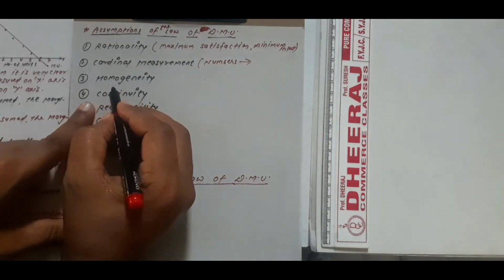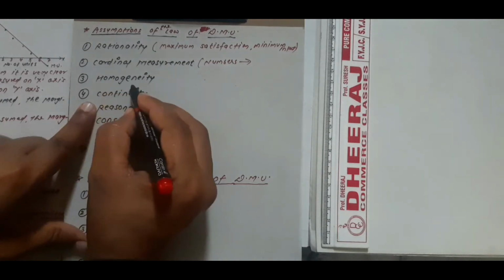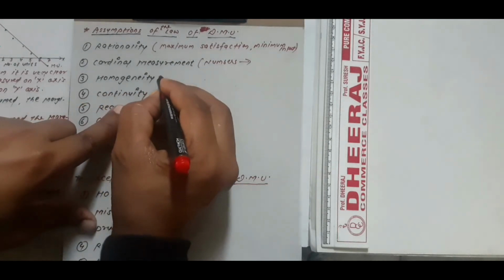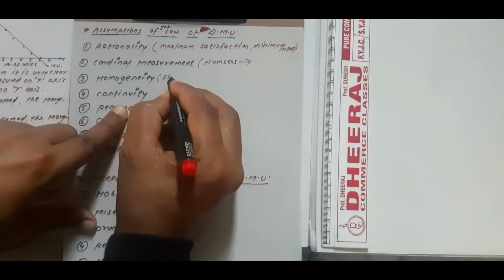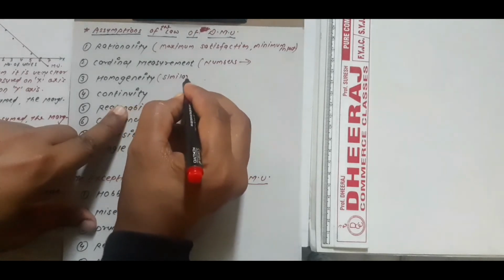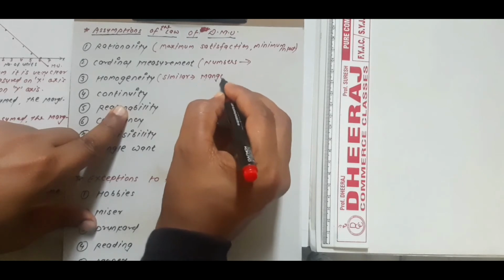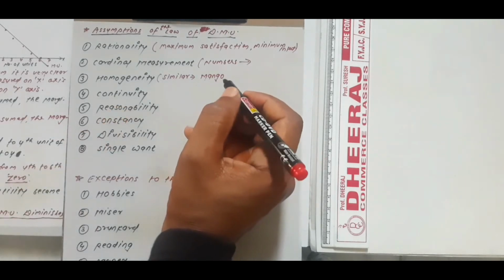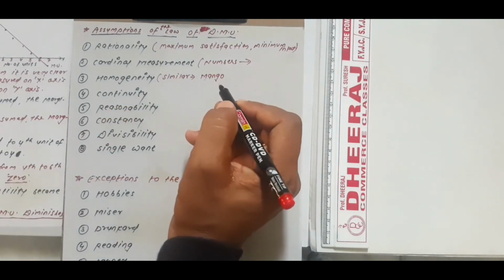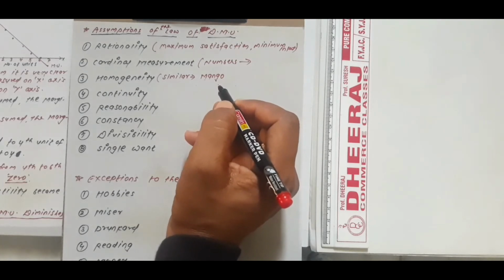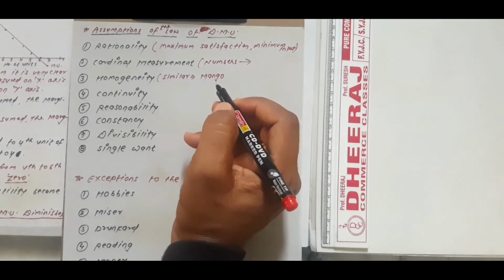Next, homogeneity. Homogeneity means similar. If you are eating mangoes, every mango, the first, second, third, fourth, fifth, sixth, seventh, as we discussed earlier, there were 7 mangoes.